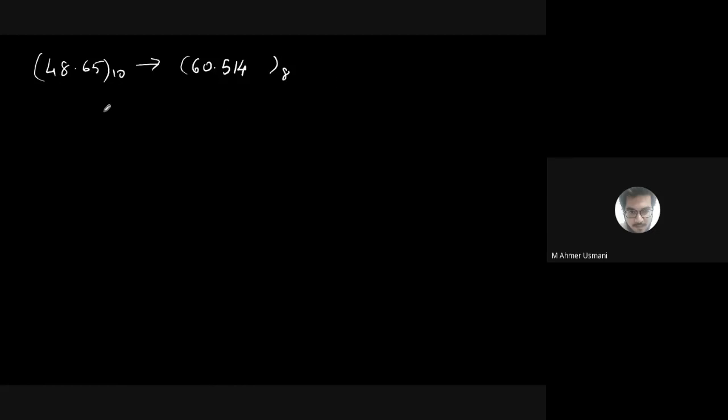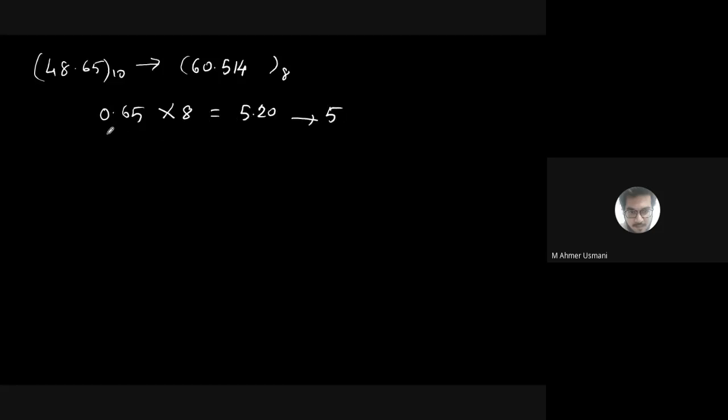Tell me how to convert 0.65 into the octal number system. We multiply 0.65 by 8. 8 times 5 is 40, carry 4, so we get 5.20. We record 5 over here.